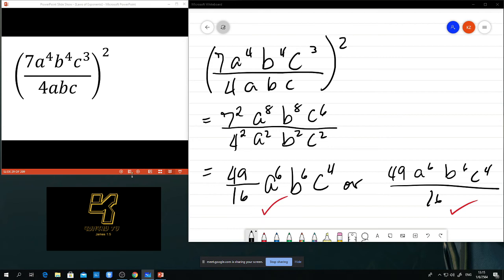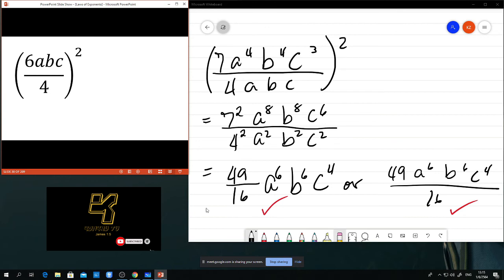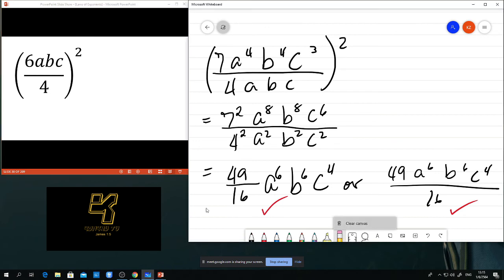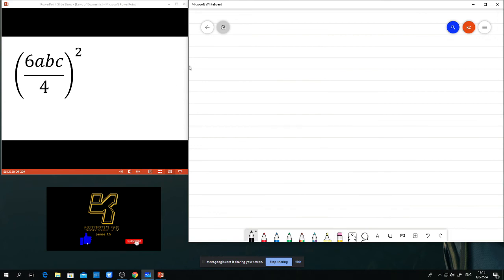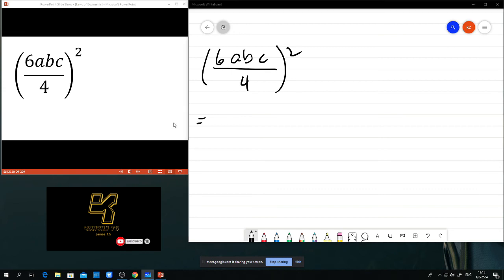So next. Next one. Okay, 6 b c all over 4, quantity to the power of 2. So we can do step 1, Patarapak. Am I correct? Yes.